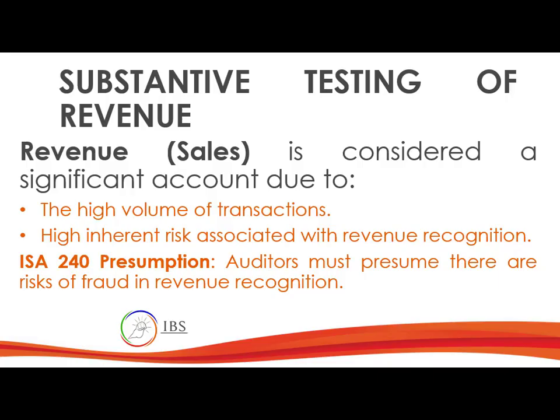Maybe they're not closing the records right away because of the busy season. So what might happen is they just collect all the revenue from 28 December till 3rd January and then figure out which belongs to 31st December and earlier, and which to 1st January to 3rd January. That might be a problem. We're not saying they are intentionally doing that, but that is risky. Risk of material misstatement.